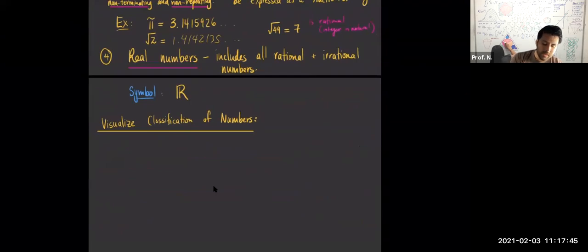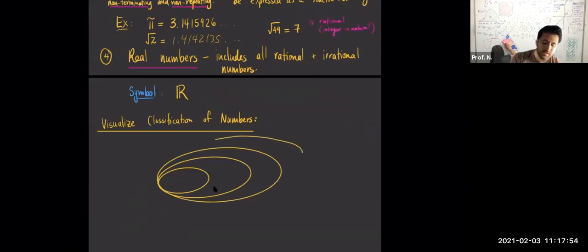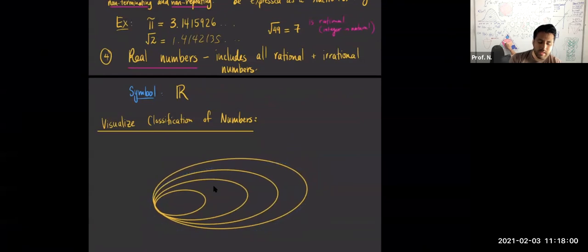The way I look at it, the way some people look at it, is like a set of numbers that look like this. So we started with the natural numbers, right? These are 1, 2, 3, a million, 1,000, right?